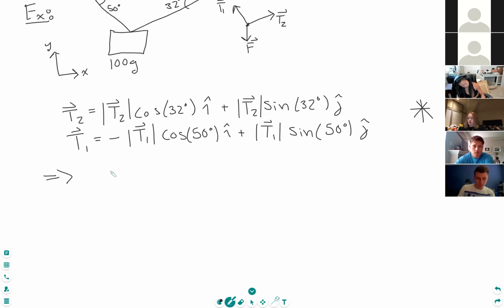So we know in vector form that the force of T1 plus the force of T2 equals, let's put a negative out in front here, this negative F. Basically, all three forces added together cancel and equal 0, so that's why we have this negative sign out in front of this force here.